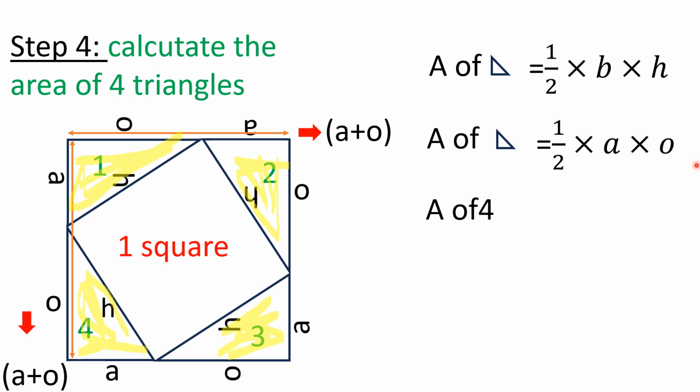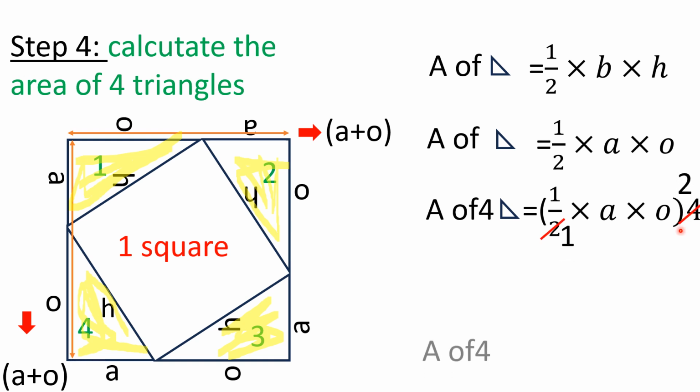Now, area of 4 triangles is given by area of only one triangle times 4. If I simplify, I am left with the area of four triangles given by two times adjacent times opposite.